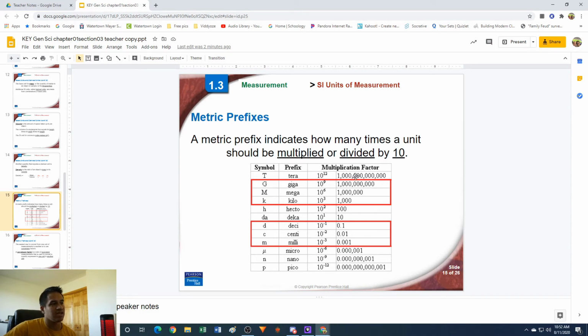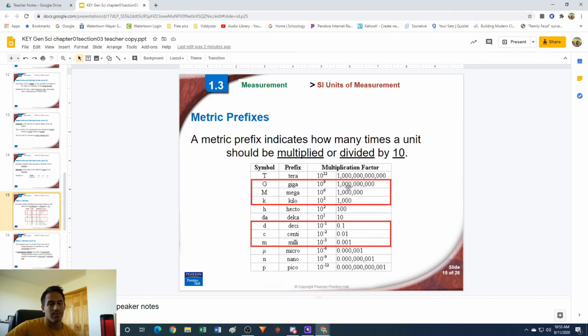And then mega and giga, you should be familiar with too. You're probably more familiar with these ones based on your technology and data. Mega is 1,000,000 times bigger and giga is 1,000,000,000 times. If you have a file on your computer that's megabytes in size, a megabyte is 1,000,000 bytes.